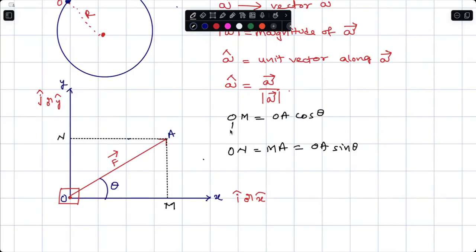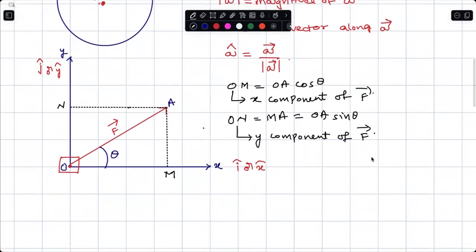In fact, OM is called the x component of F bar. In fact, ON is called the y component of F bar. Carefully study these terminologies. So therefore, you can write OA bar as OM I cap plus ON j cap. This is called resolving a vector into components.